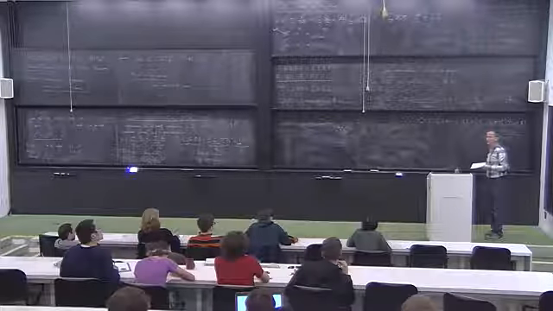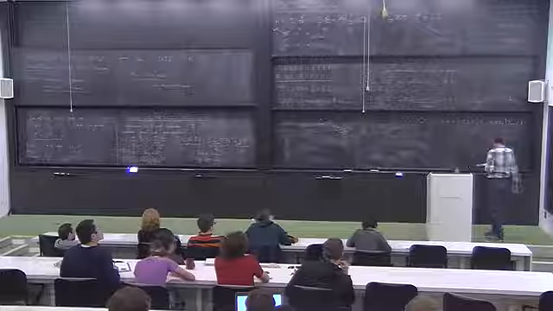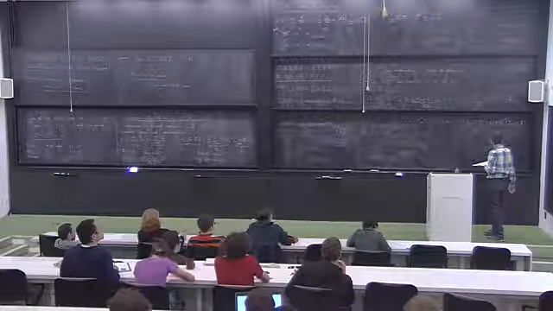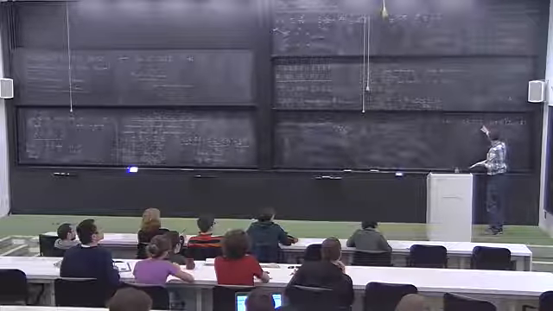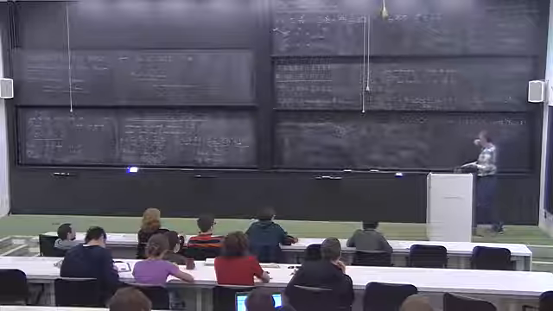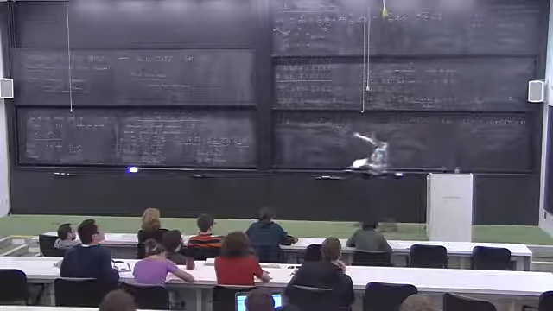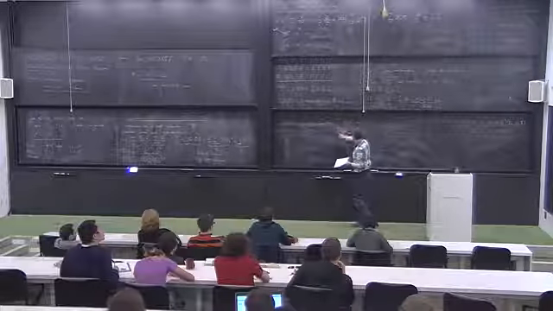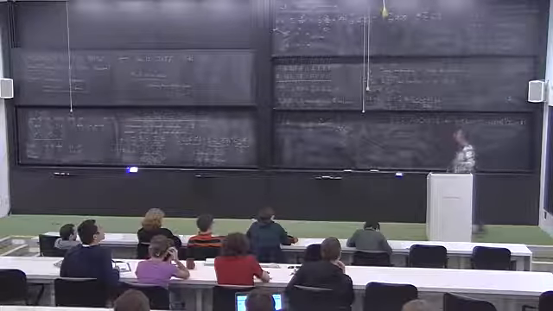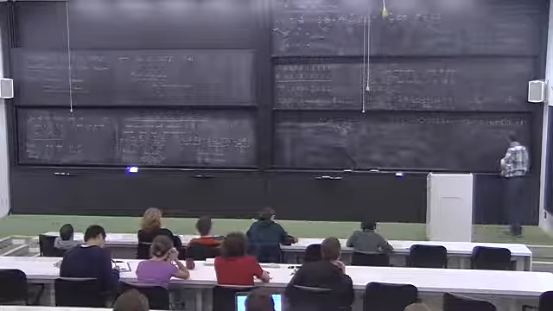In the last question, the gradient acts on small r? No, so this gradient should be capital R. Capital R, okay. Yeah, it's a momentum of ionic coordinates.